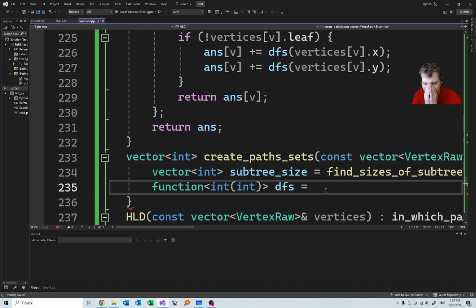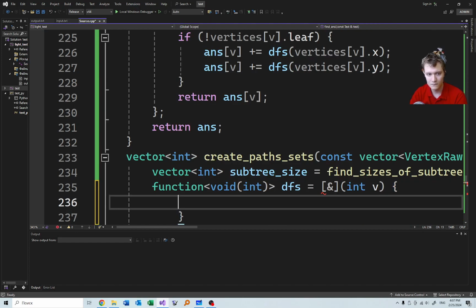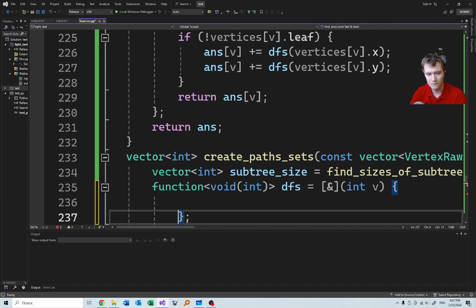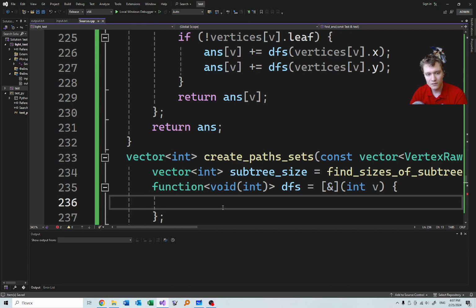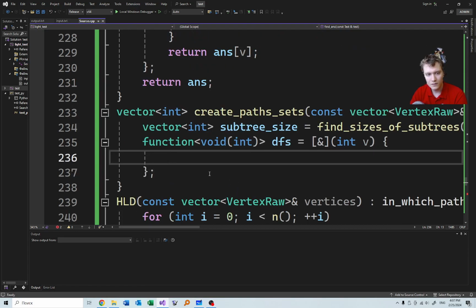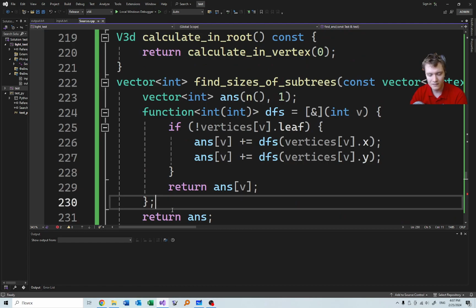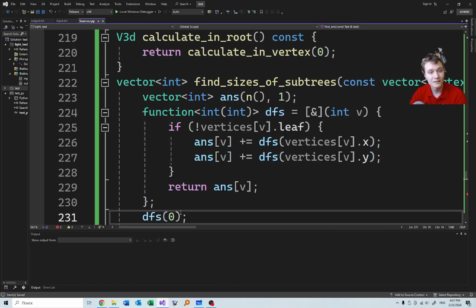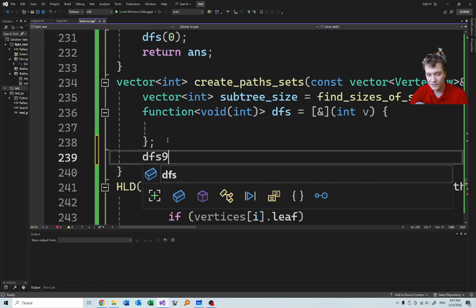Let me think. Okay, that's fine. We will create path sets. So what does this function DFS do? We need to run this DFS, and here we also need to run this DFS.